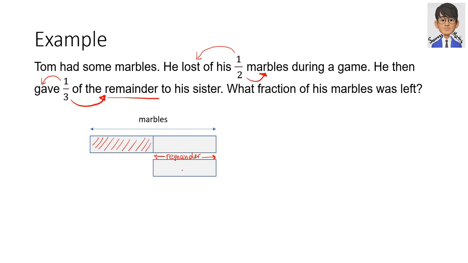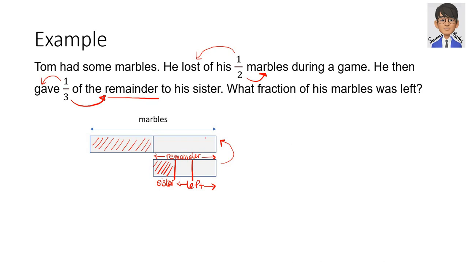This remainder should be cut into 3, and 1/3 is given away to his sister. So now you realize you are not going to add or subtract the fractions, because half is talking about the big whole, which is the marbles, and 1/3 is talking about the remainder, but the remainder is part of the bigger whole. With that, you will understand what fraction of the marbles was left, which is this portion here.